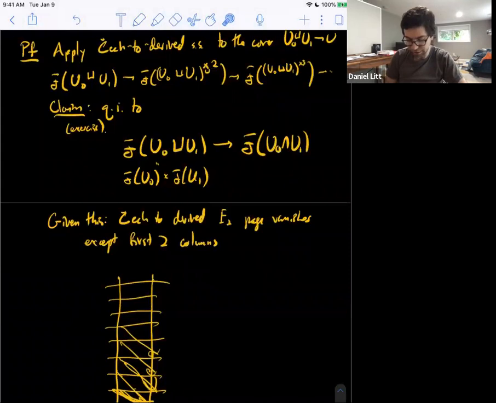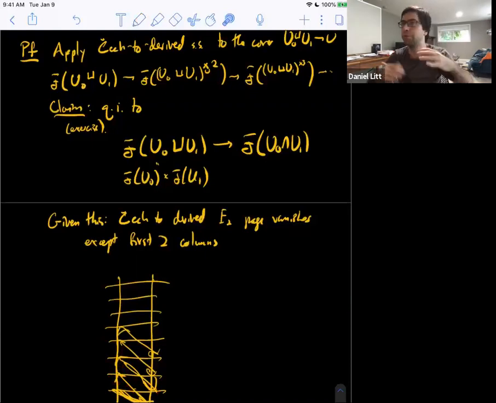Oh, I think I drew the differentials going the wrong way. They actually go this way. So it'll map here, it'll hit the kernel of this differential. Then the image of this differential will be a subset of H2, and so on and so forth. So H2 will have an image from the quotient here, it'll map into here, and then again there will be another differential and so on.